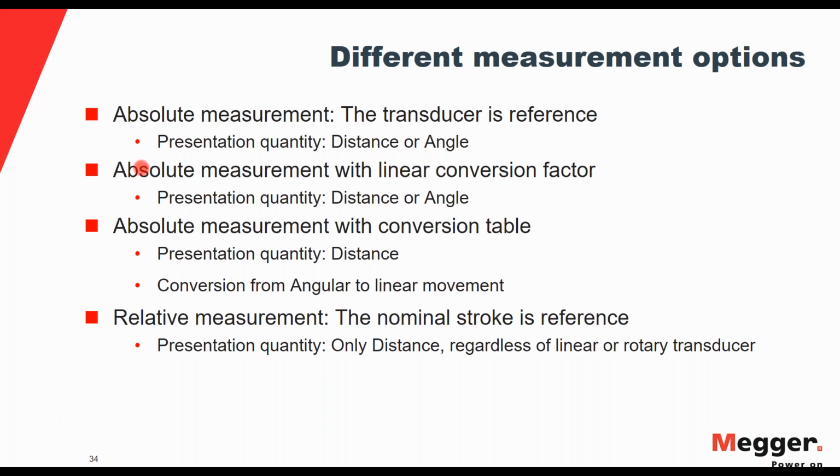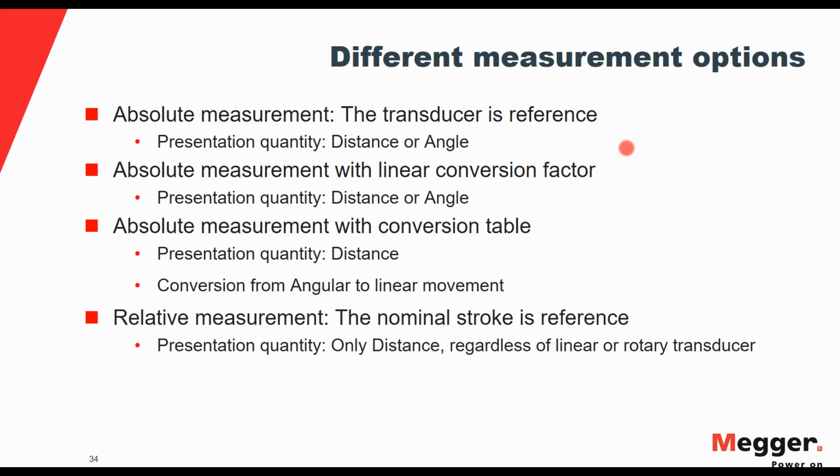Or you can go with an absolute measurement but with a linear conversion factor, where when you have an indirect measurement, you can just multiply it with a factor, if you know that factor, and I will show some examples for that, and you will get the actual moving contact.